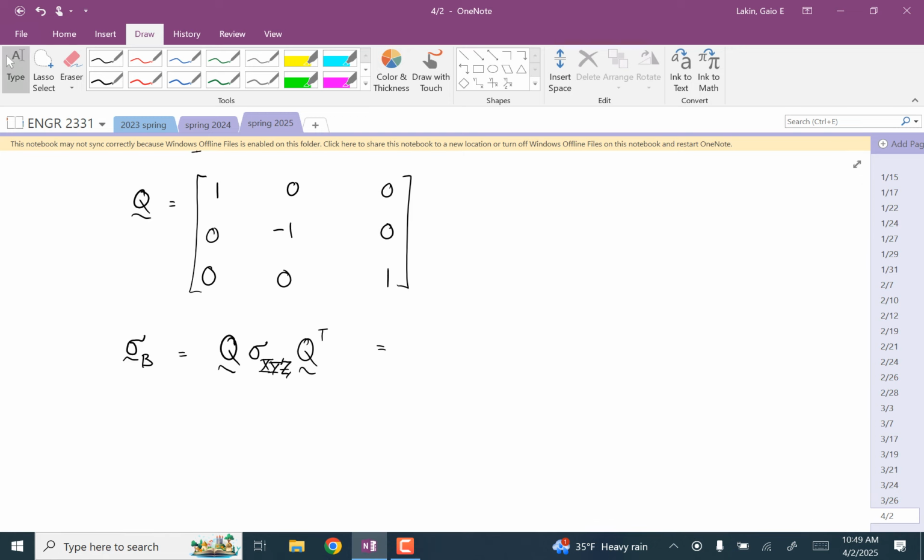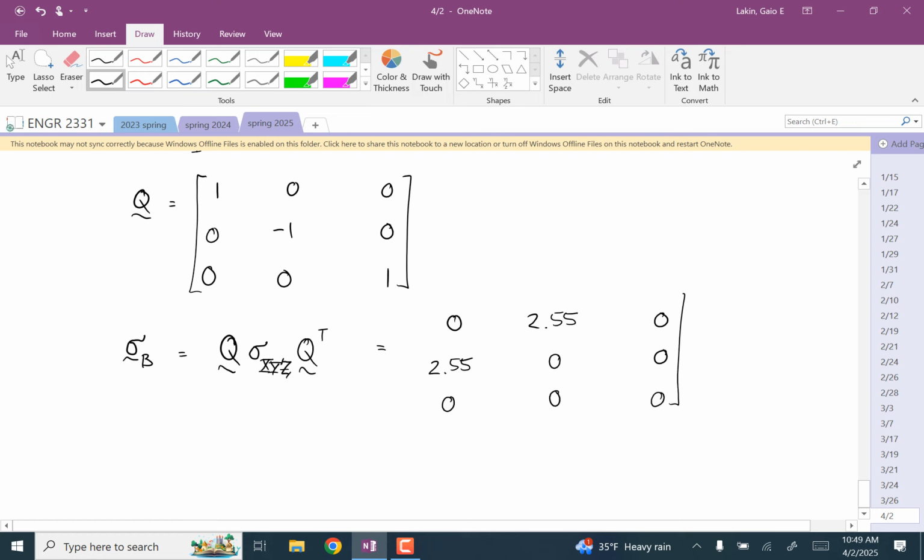So 0, positive 2.55, 0, positive 2.55, 0, 0, 0, 0, 0. Any questions about that? 180 is kind of foolproof because you can go positive or negative. Maybe it takes a little more thinking when the angles are 30 or 120 or 290 degrees or whatever, but that's the idea of what you have to do. Okay, that's all.